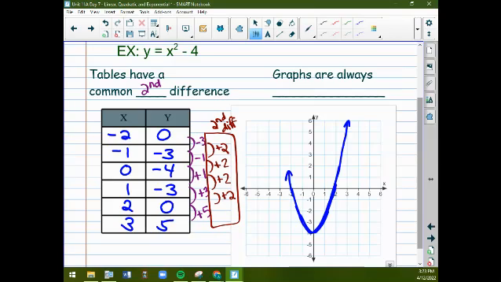You have to do it twice. If you do it the first time and it's not a common difference or a common ratio, try the second difference, and that may be a quadratic. The graphs are always a parabola, or U-shaped. So that is quadratic: common second difference and U-shaped.